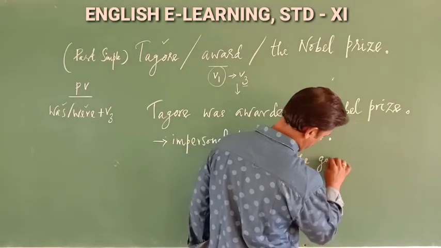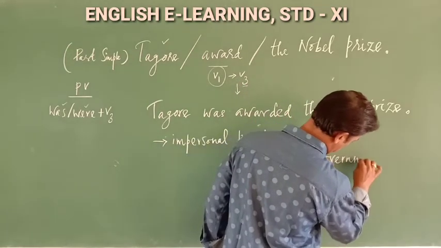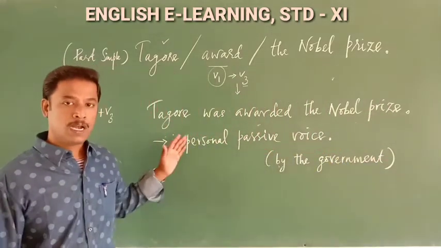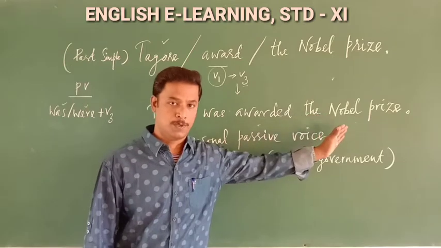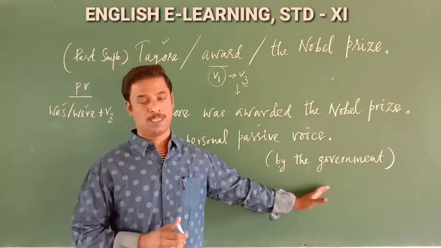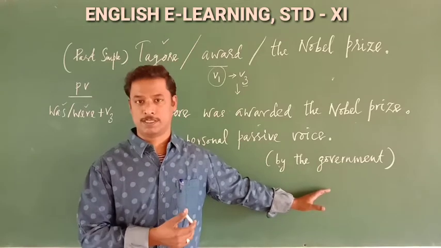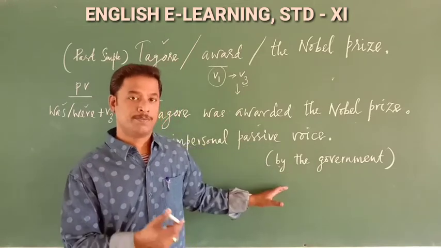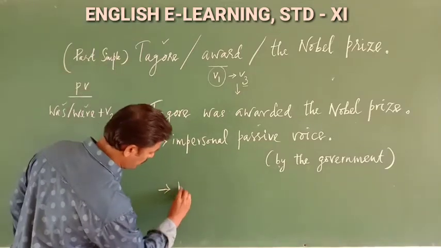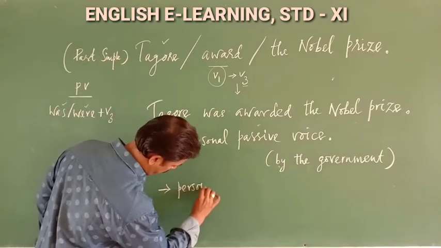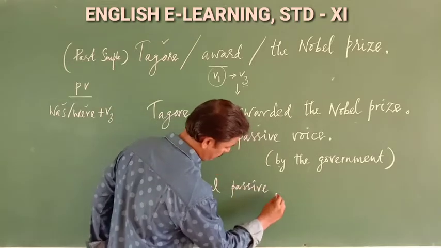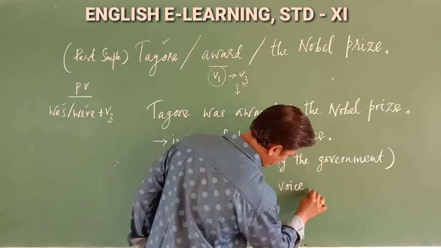by the government. That is, Tagore was awarded the Nobel Prize by the government, or by the Indian government, or by our government, whatever it is. That type of passive voice is called personal passive voice.